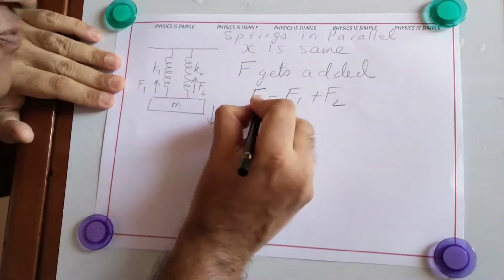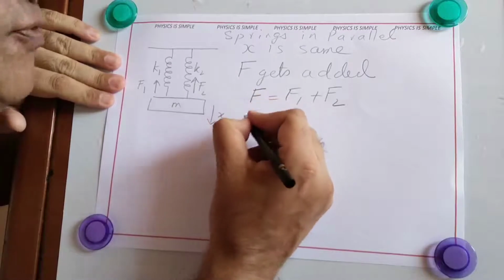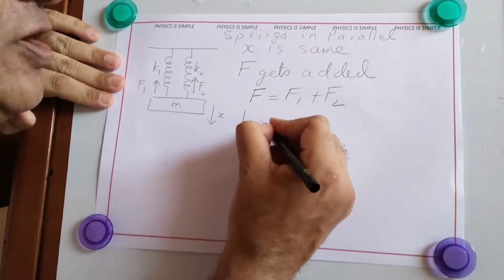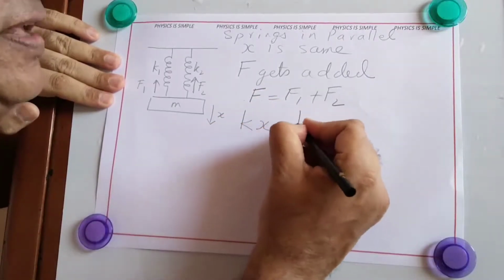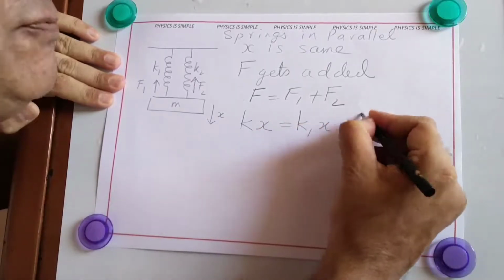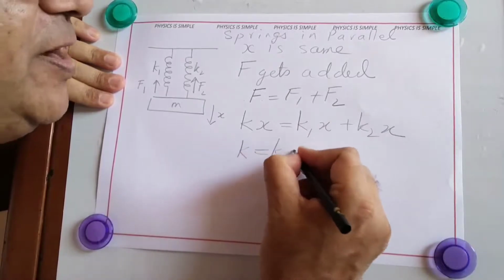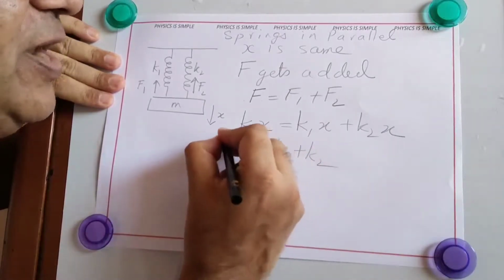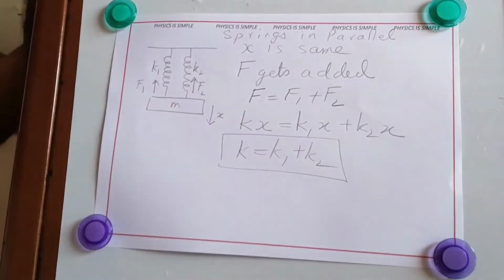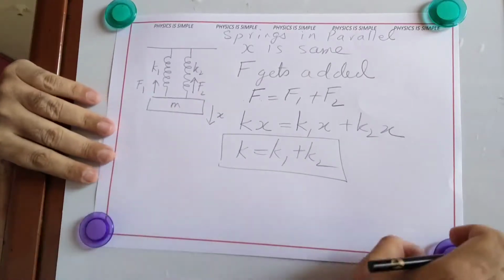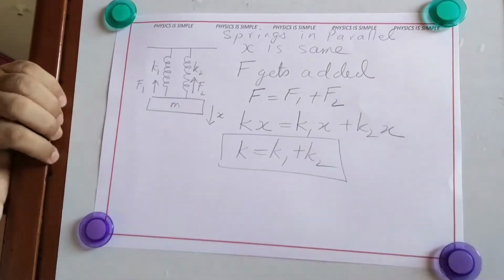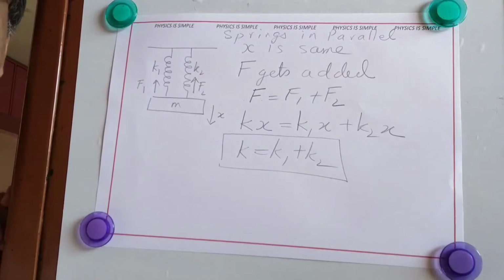So F is Kx. So this net force will be K equivalent into X. F1 is K1 into X. And F2 is K2 into X. So we get K equal to K1 plus K2. The formula for springs in parallel is similar to the formula for resistors in series.